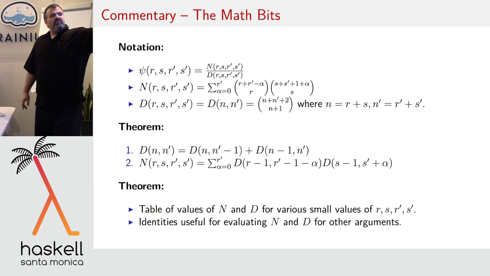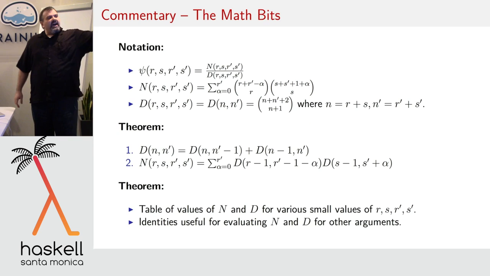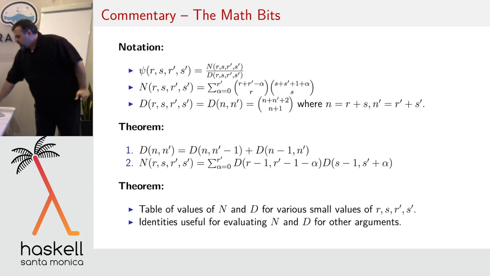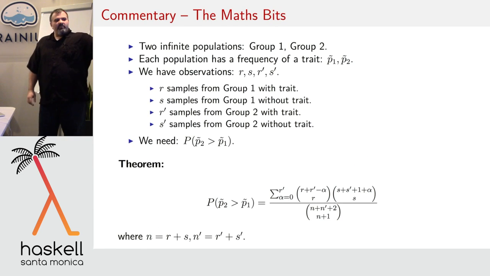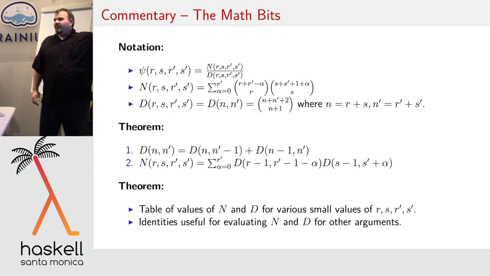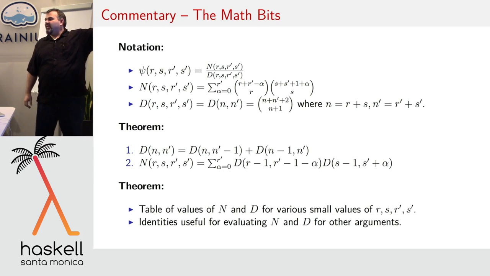D is exactly the denominator, and psi is numerator over denominator. So psi is the probability that we're interested in, just cast as a function, whereas here, this probability applies to a very particular problem where you have all of this page of stuff, explanation to say this. Here we just cast that formula as a function, and this is what we're going to make a table of, really of the n's and d's.